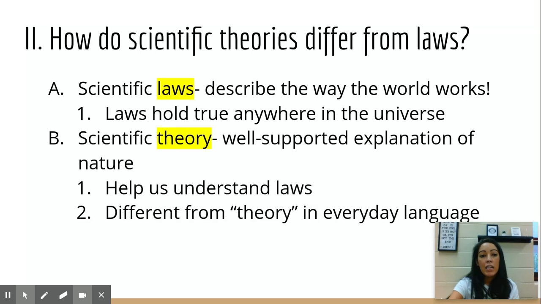A theory in science is better than a theory in everyday language, because theory in everyday language means kind of like, I've got a guess, or I've got a hunch, or I have an assumption I'm trying to make here. But a theory in science is a fact. It's going to describe how things work, why they work, and it's going to help us understand those laws of nature.